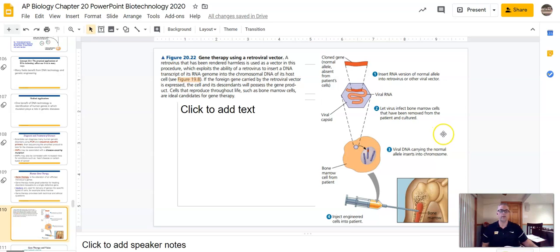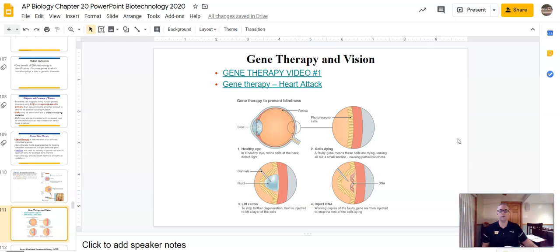And the idea is that if enough of that genetic code is incorporated into those cells, the viral DNA containing that will actually start to produce the proteins that we're looking for. So that's one of the methods where it's been beneficial, and it's going to work best if you're able to get it into cells that are going to continue to proliferate and to be able to build large populations.